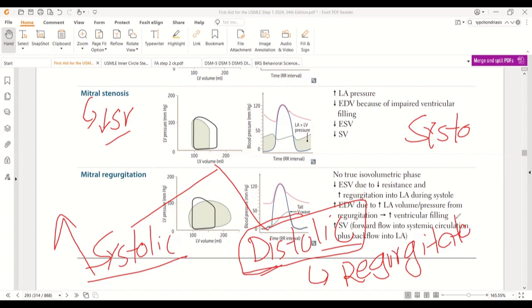So systolic murmur means a stenotic lesion of the semilunar valve and a regurgitant lesion of the atrioventricular valve, right? And diastolic murmur means a regurgitant lesion of the semilunar valve and a stenotic lesion of the AV valve. Asma, can you repeat that principle?